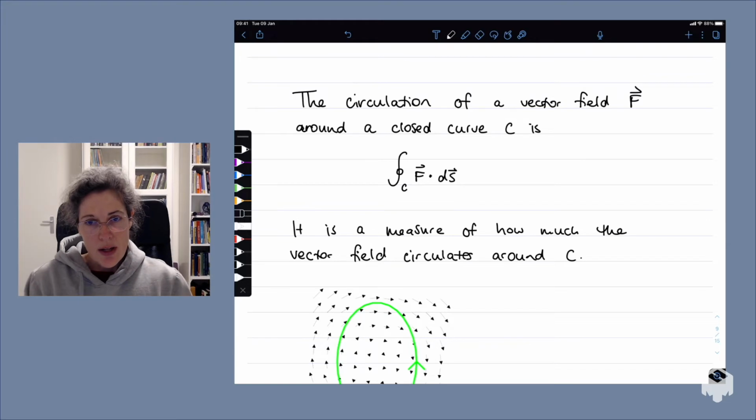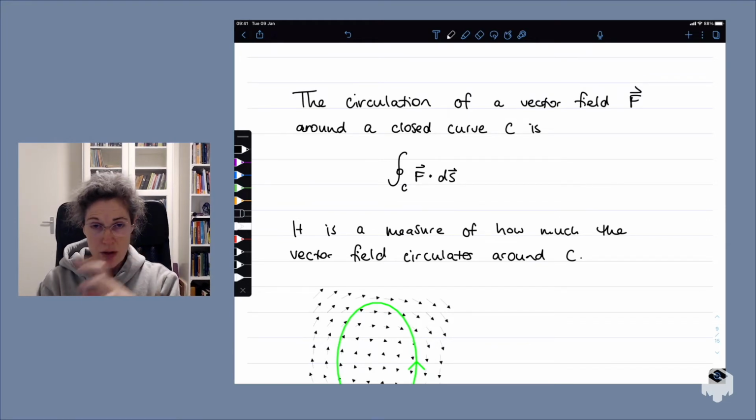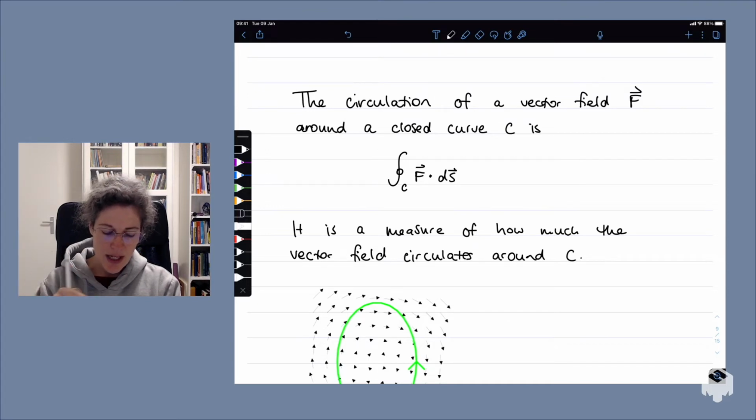All right, so we're going to need to link the idea of the curl to circulation. I just want to do a bit of revision. We talked a little bit about circulation previously, but let's have a look at an example. To define it formally, the circulation of a vector field around a closed curve C is given by this.